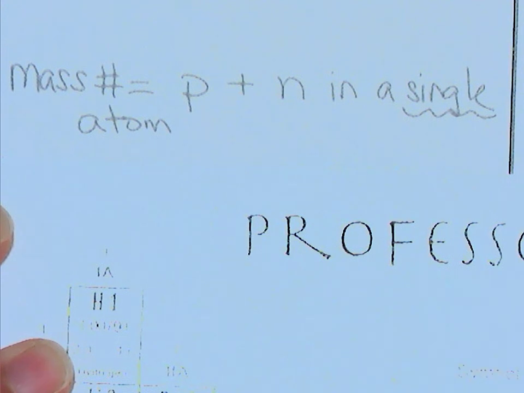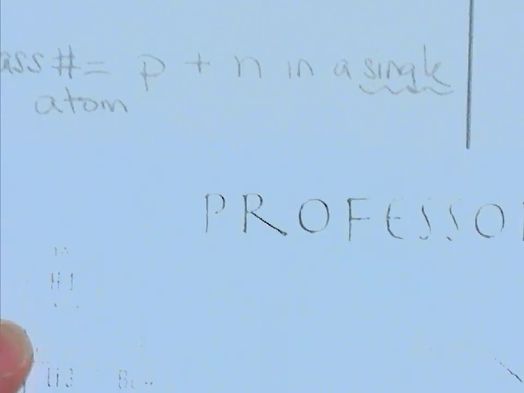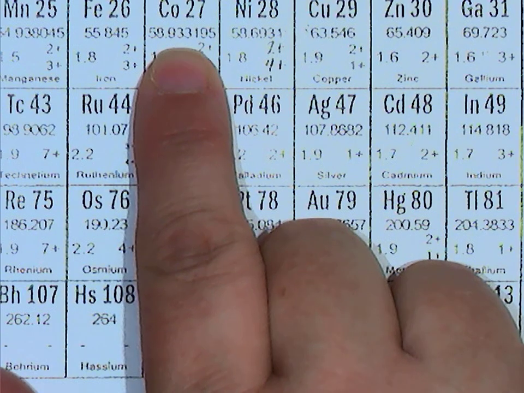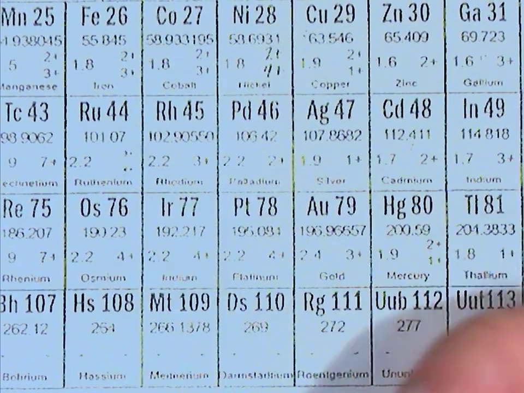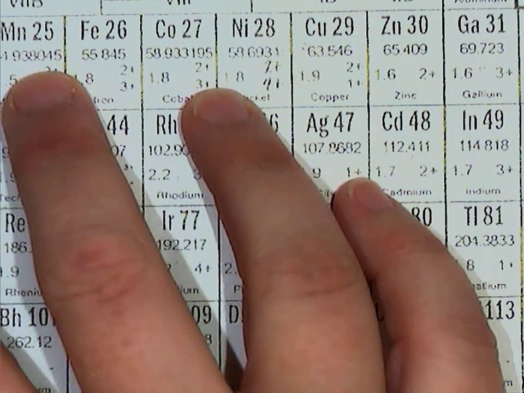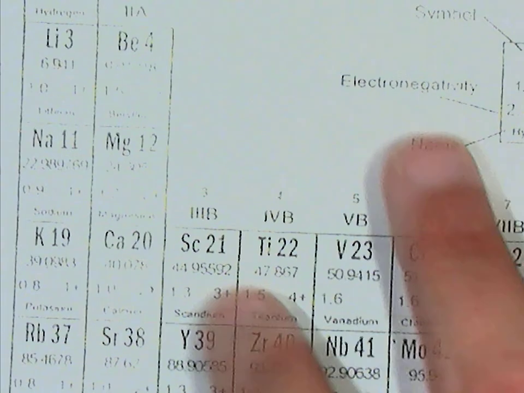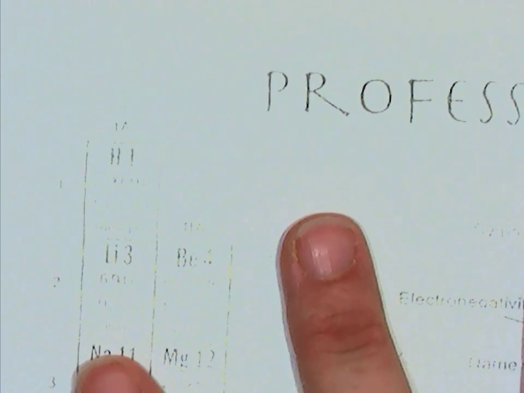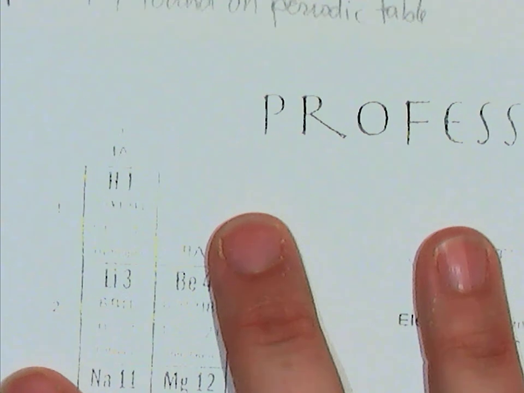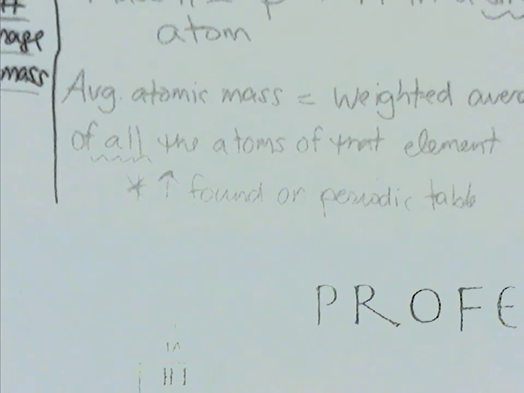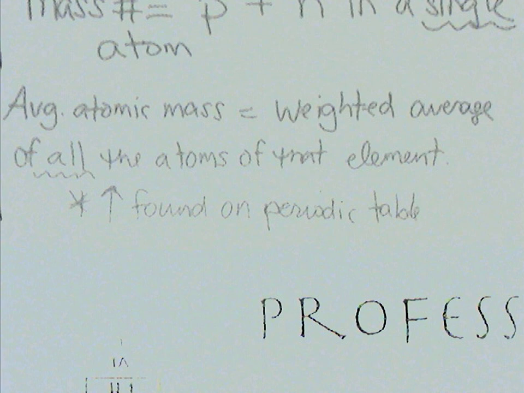This number that's underneath the symbols, that's called the average atomic mass. So it can be confusing because they both have the word mass in it. And the average atomic mass takes a look at a group of atoms. And so we learned that specific atoms can have different forms of nuclei, right? And we call those isotopes.